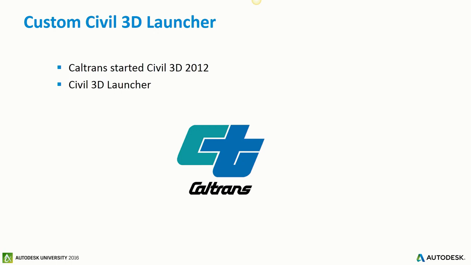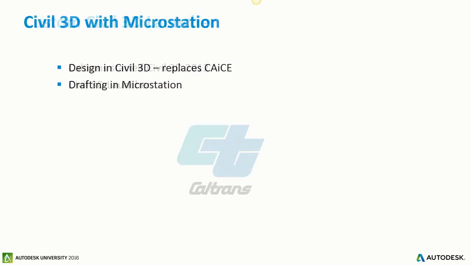The current release of Civil 3D is 2018. I'm sorry, it's 17. A few months from now it will be 18. But Caltrans is still using 2012, and they are trying to implement the more current release, 2016. When it's going to happen, we don't know. But right now, it's 12. So that was important to understand. It's been a long time.